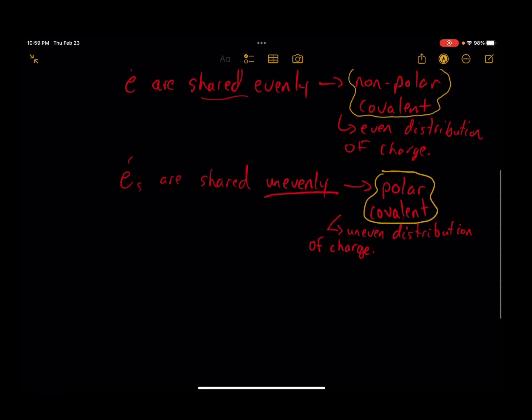More specifically, we can say that one side is partially negative and the other, the one that is kind of losing its electron, not losing completely like in an ionic bond, but somewhat losing, would be a partial positive. And this weird little shape is the Greek symbol symbolizing that we have a partial charge in effect.